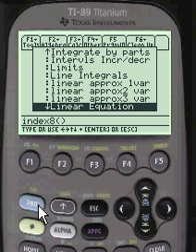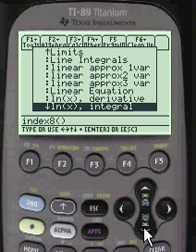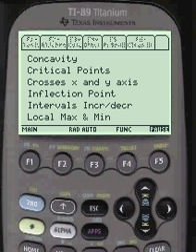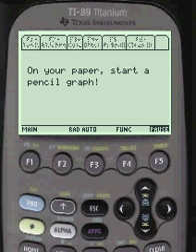You can use second and the cursor here to go screen by screen on your Titanium. There's local max and min. We're going to find any one of these things that you want in there.